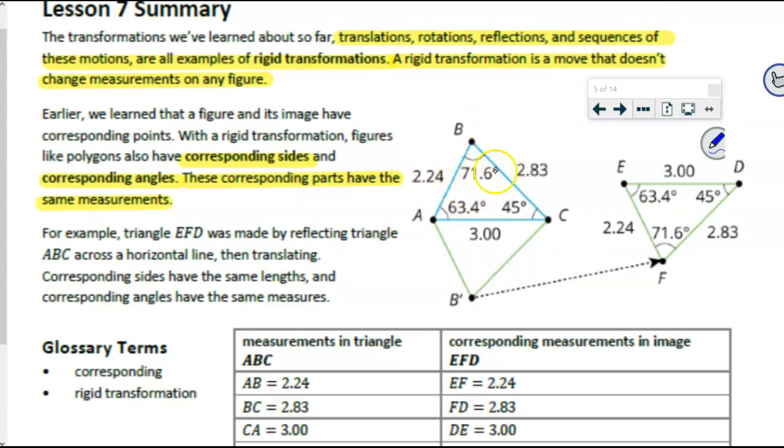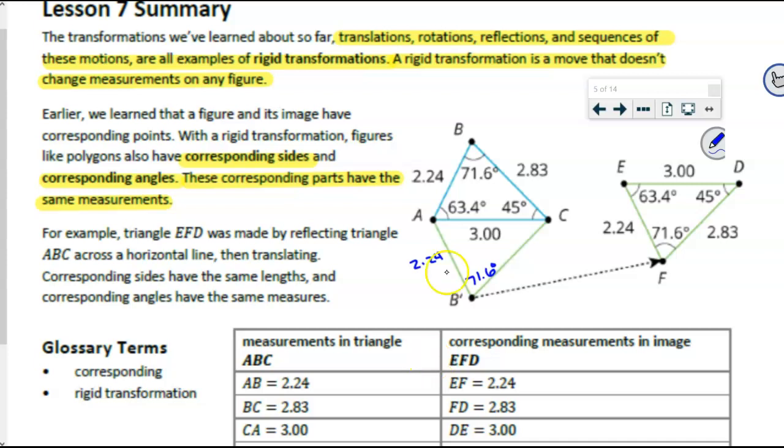In the original, this angle is 71.6. So when it's reflected, this angle is going to be 71.6. And when it's then translated, it still is going to be 71.6. This side length here was 2.24. So when it's reflected, it still is going to be 2.24, and when it's translated, it's still going to be 2.24.